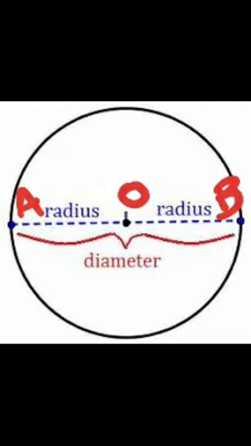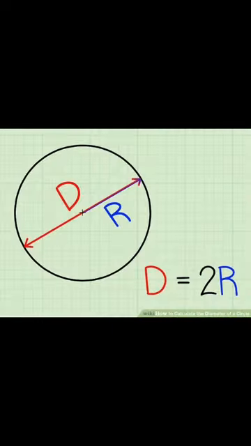Here AB is equal to AO plus OB, where AO and OB are the radii of circle O. So AB is equal to radius plus radius. Clear? So here AB is the diameter. What do we get? Diameter is equal to radius plus radius, which is equal to twice the radius.